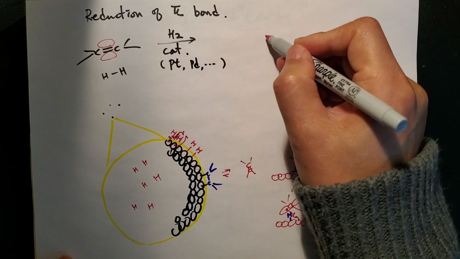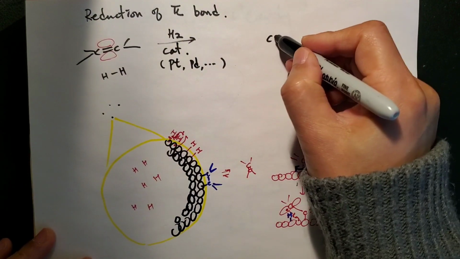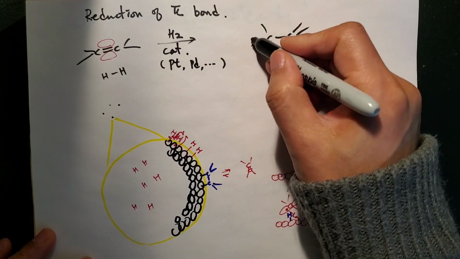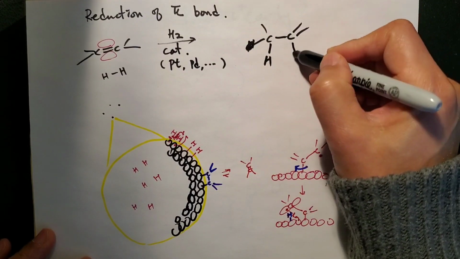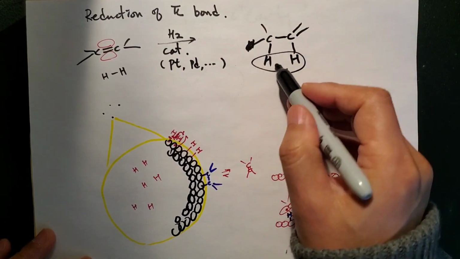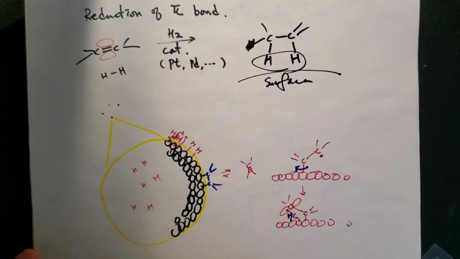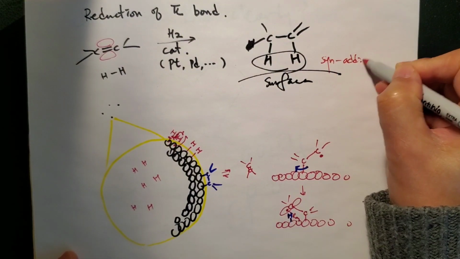So you can get one hydrogen and a second one, and both are coming from the surface. So hydrogens are provided from the same side. So you can imagine that this gives you syn addition.